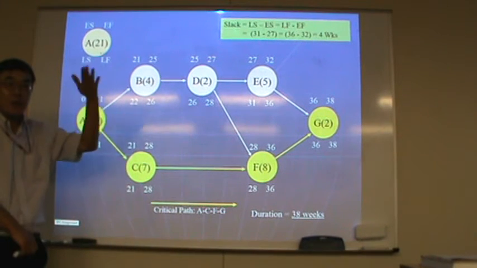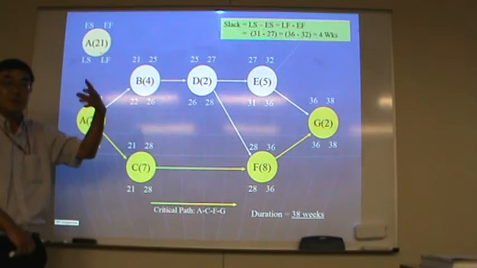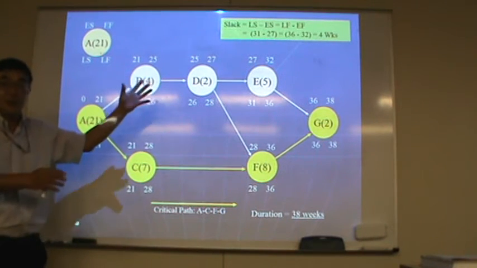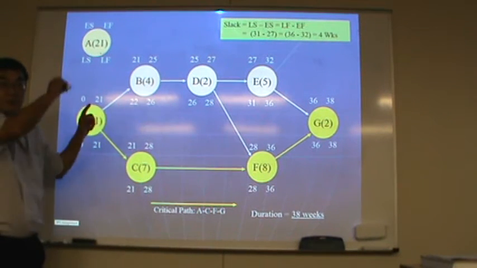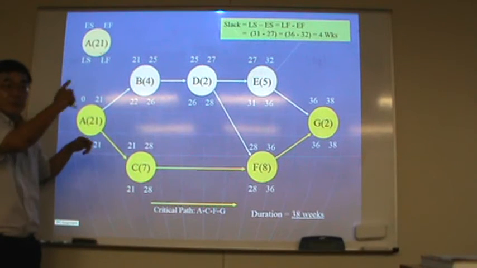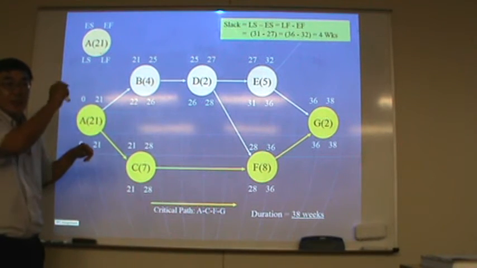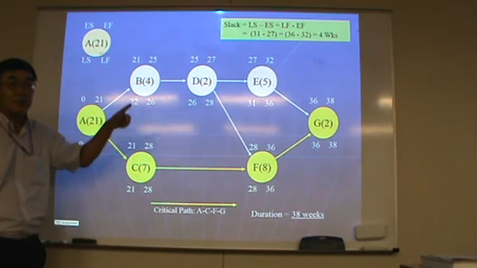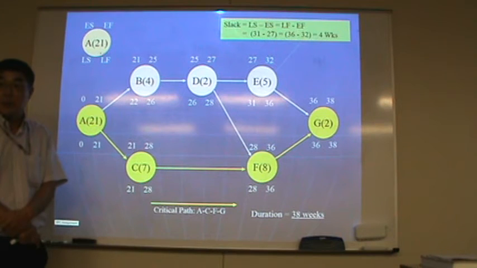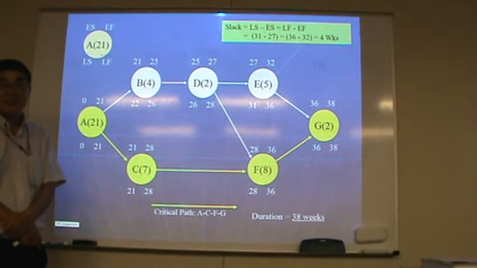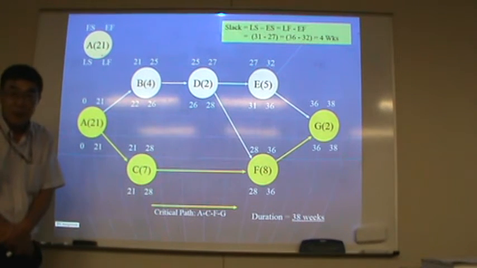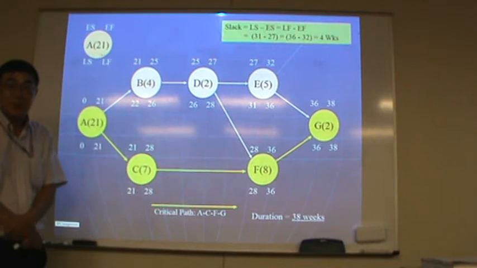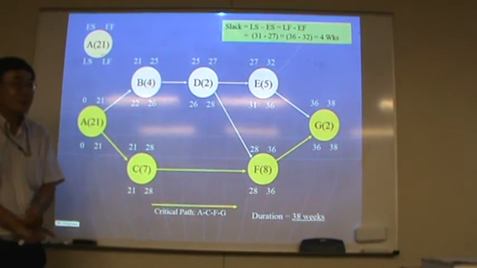So follow the steps we did: draw a network, find possible paths, add up, find the critical path and project time. Okay? Can I go next?